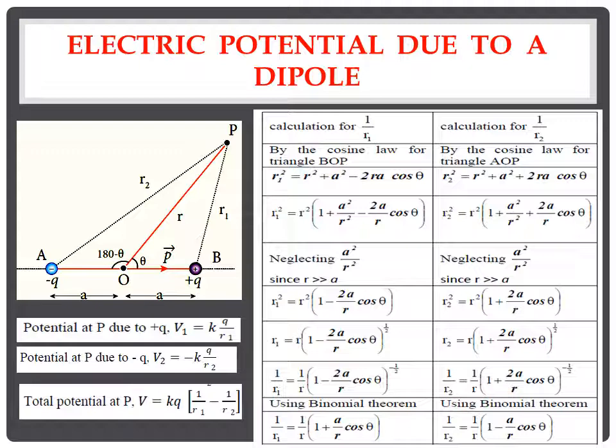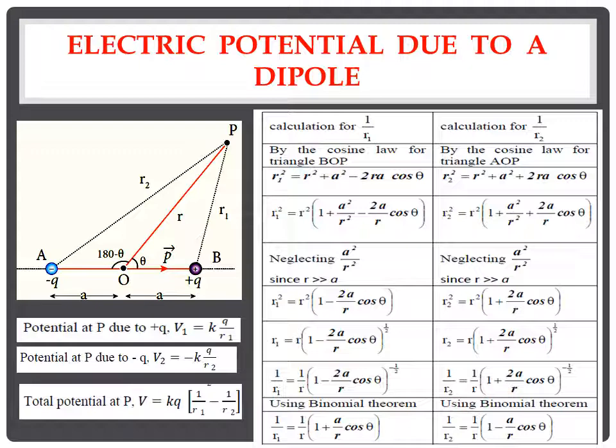So I get my equation as K into q, because I brought q outside as a common term, into 1 by r1 minus 1 by r2. And I repeat, K is equal to 1 by 4 pi epsilon naught. Now, to find the value of r1 and r2 in terms of r, we need to do a certain calculation, which has been represented. The calculation for 1 by r1 and similarly for 1 by r2 I have given over here.